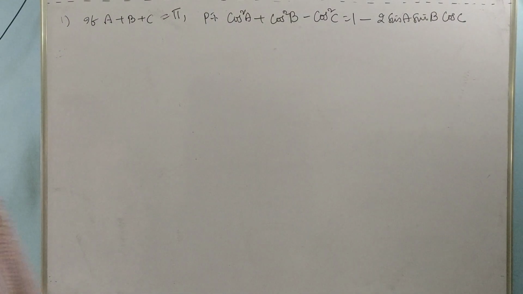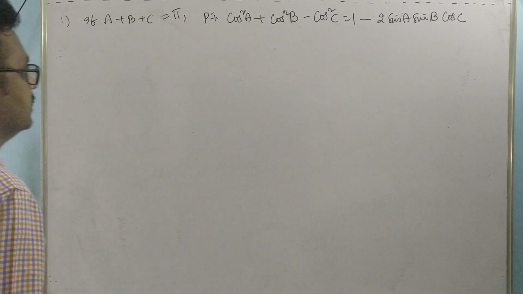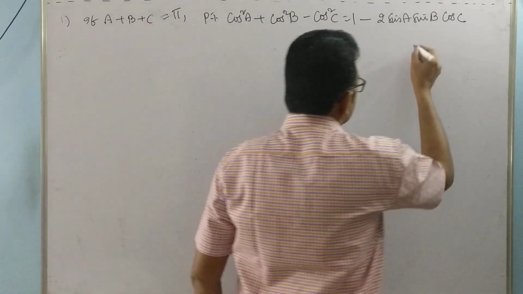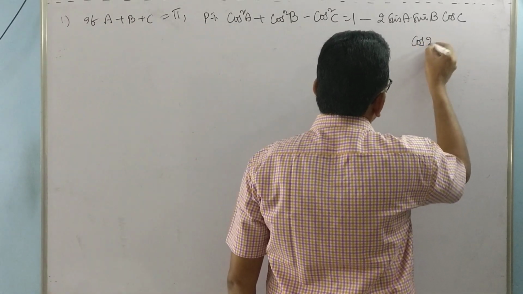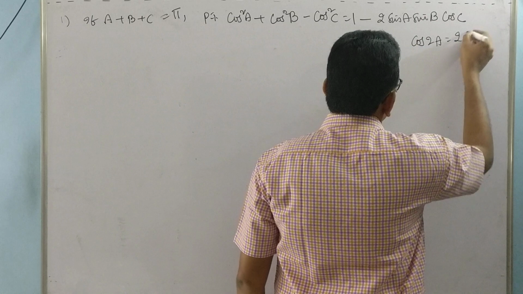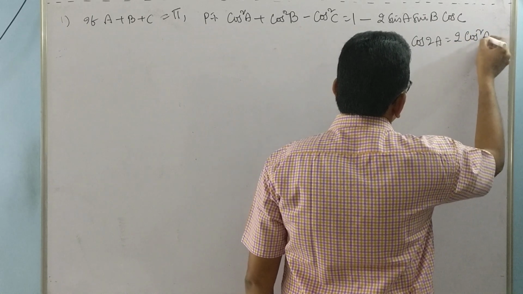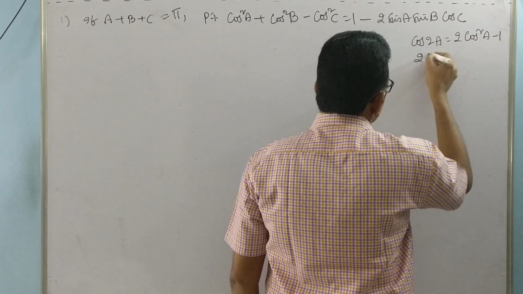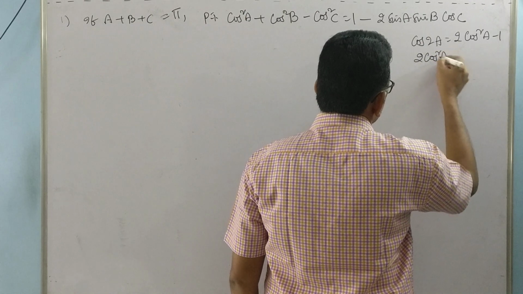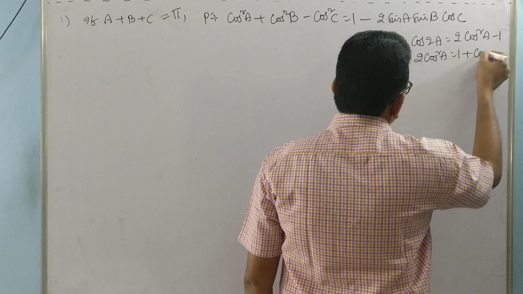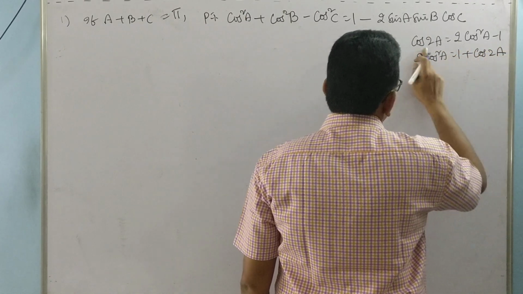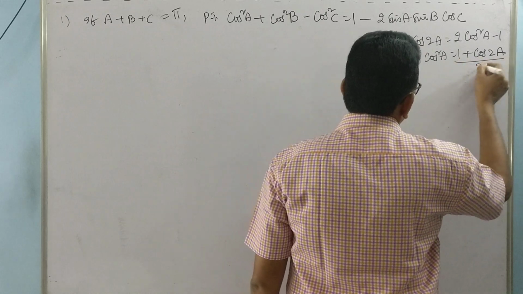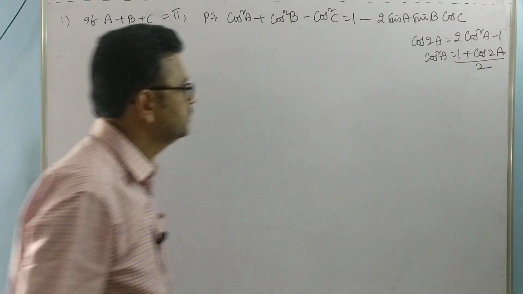A, B, C are the angles of a triangle. By using the cos 2A formula, 2 cos square A minus 1, so 2 cos square A is equal to 1 plus cos 2A. Cos square A equals 1 plus cos 2A by 2.